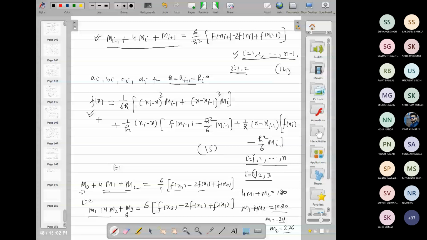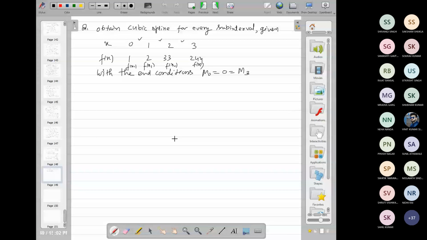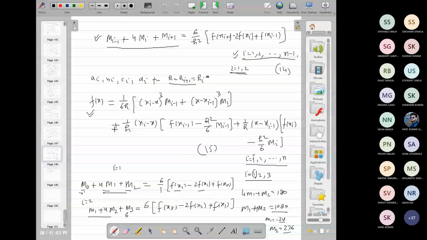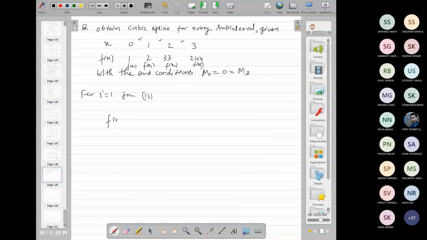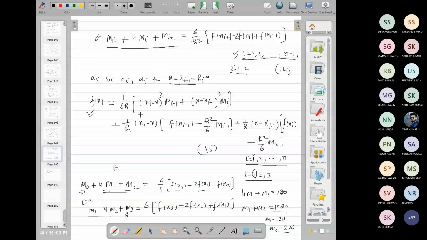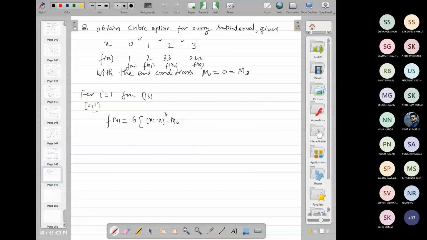For i equal to 1 from 15, f(x) is equal to 1 upon 6 (x1 minus x) cube into m0, and i equal to 1 means the sub interval 0 and 1.